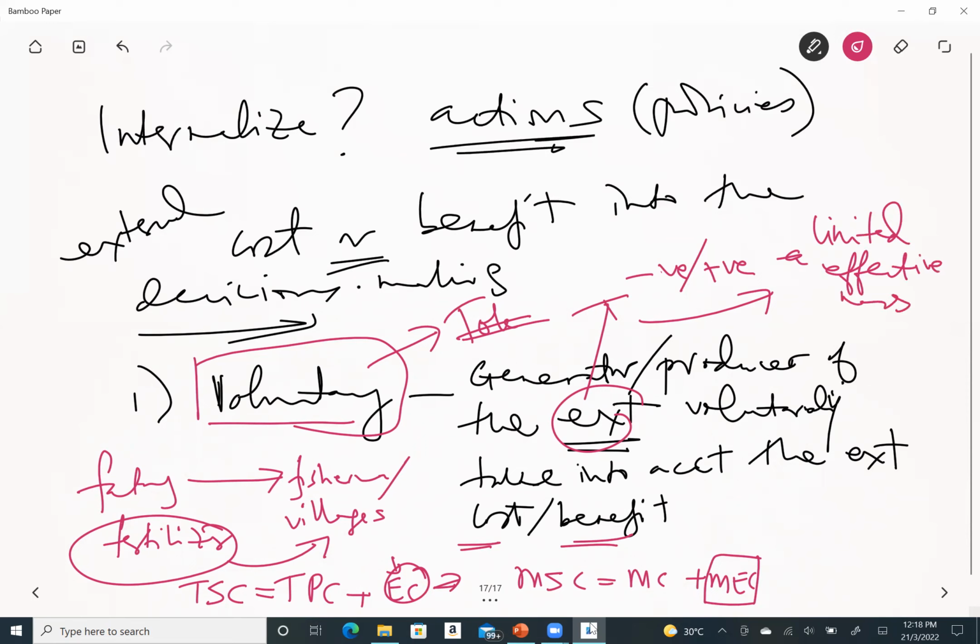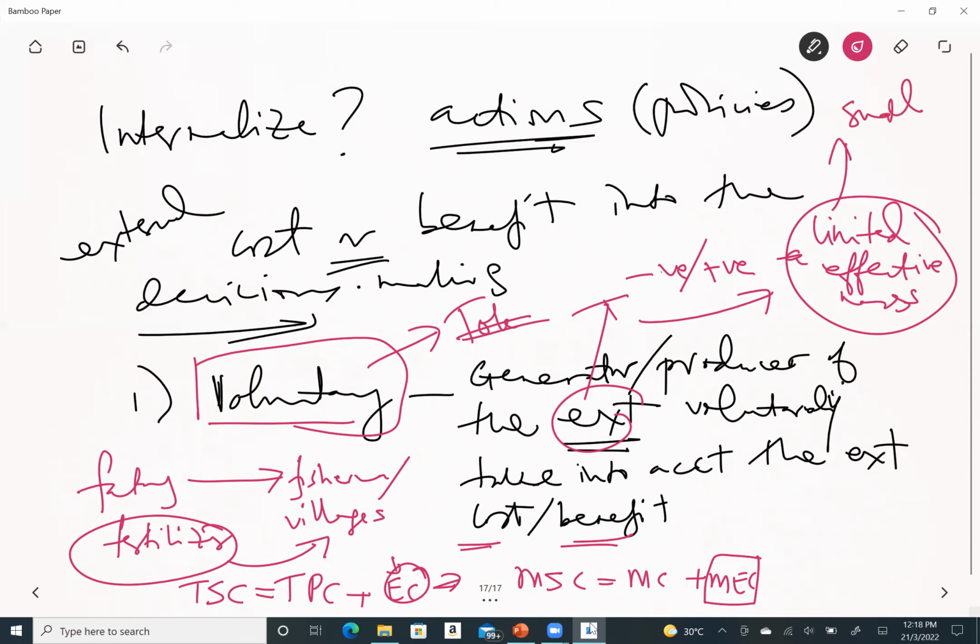It's difficult to have people voluntarily think. Of course, if you have a small situation, like smoking cigarette, that one can do. But if you're talking about a factory, that would be quite difficult. So limited effectiveness, it can work in small situations.